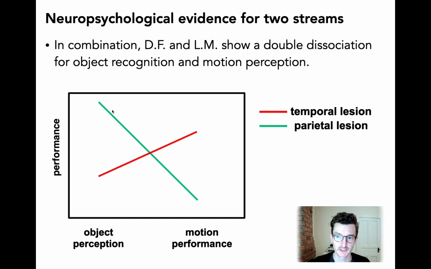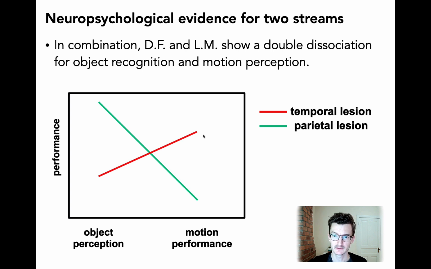If you have a lesion in your parietal lobe, you're fine at recognizing objects, but your ability to perceive objects in motion and interact with things is remarkably impaired. On the other hand, if you have damage to your temporal lobe, you can't recognize things, but you can see visual motion, and you can interact with things.